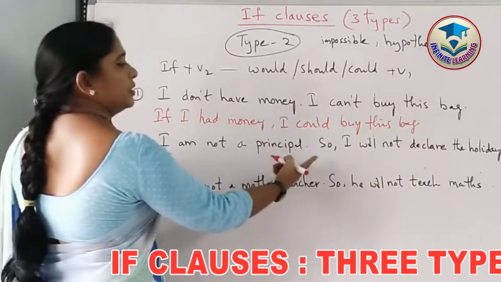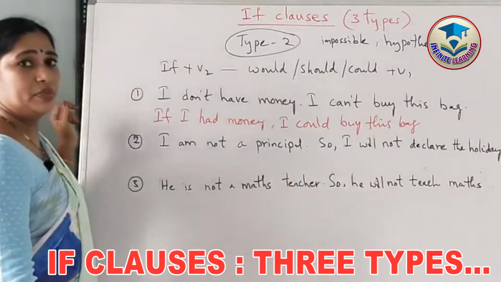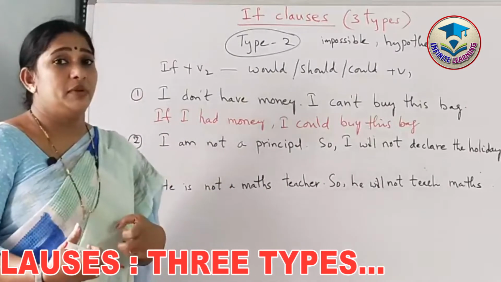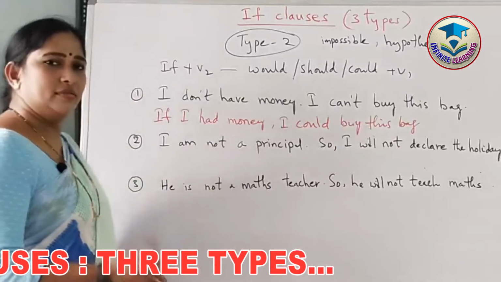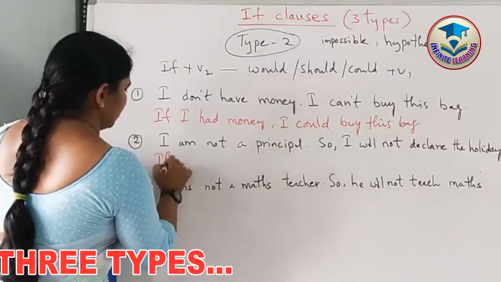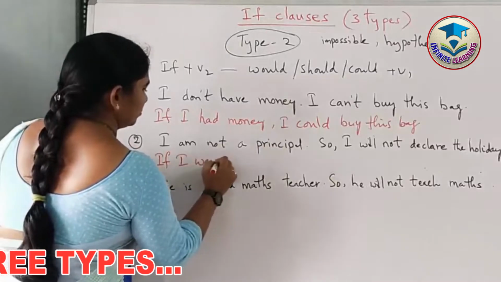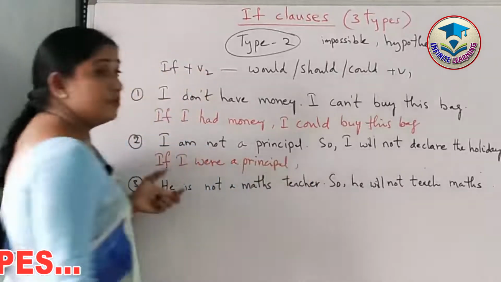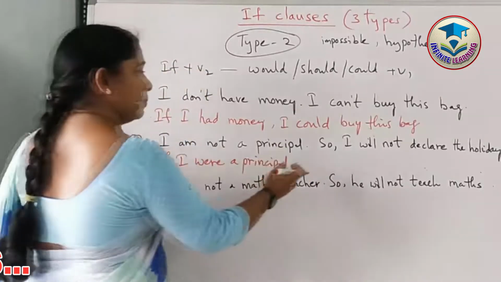I am not a principal, so I will not declare the holiday. Now you see, the students know, they'll tell like that: if I were a principal, I could have declared a holiday. I am not a principal. If I were a principal, what will happen?